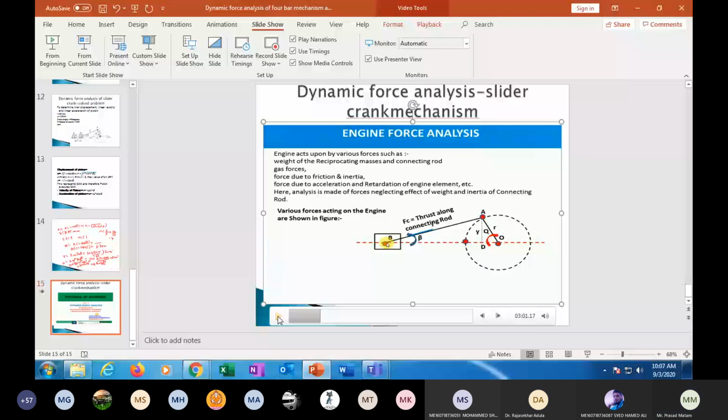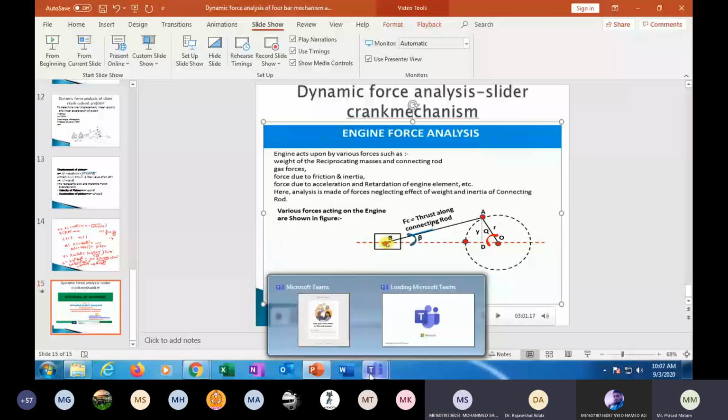Log in through the app, then only you will get the sound for videos. While sharing, there is also an option, include system audio. Sir, send the video in the Teams chat and open the video in the Teams app. Okay, I will do that.